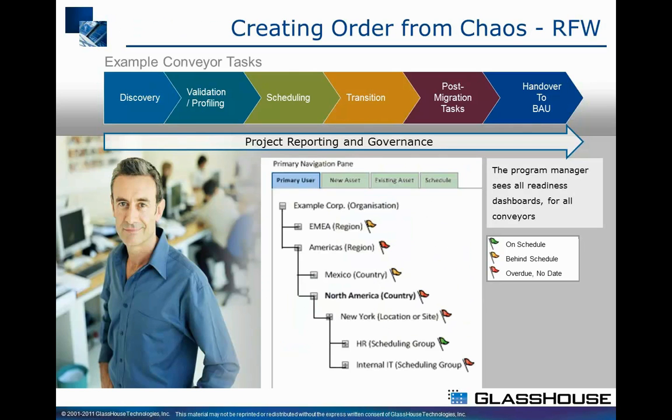Planning and scheduling, and that's really something that we created a specific piece of IP for at Glasshouse because we saw a huge need for desktop migrations, and streamlining those desktop migrations is, I guess, the single biggest impact.